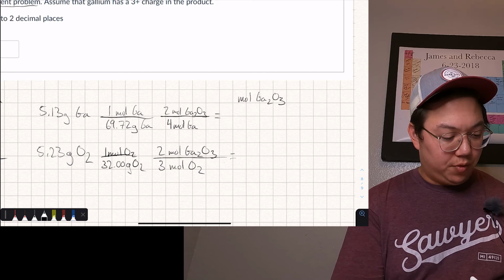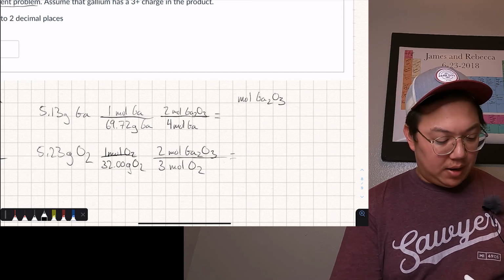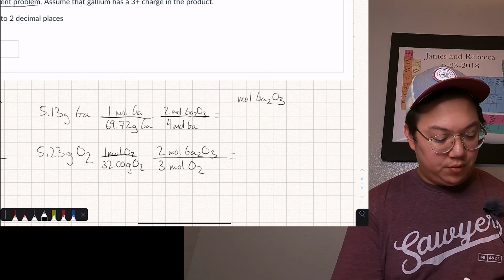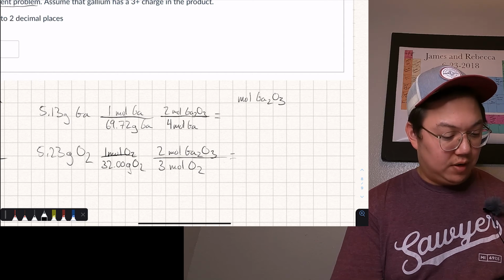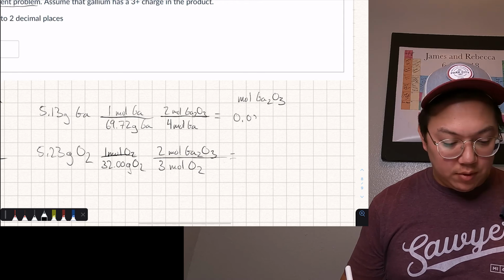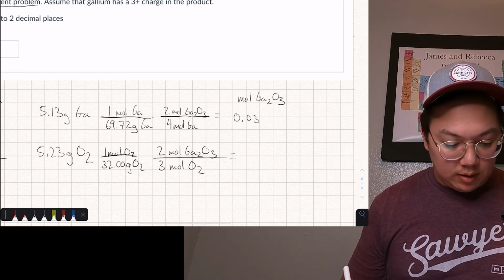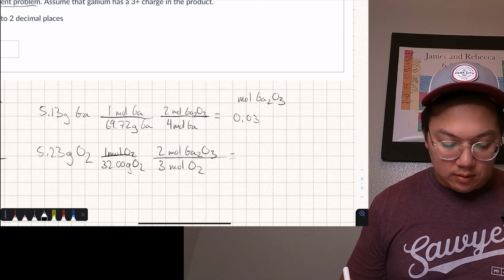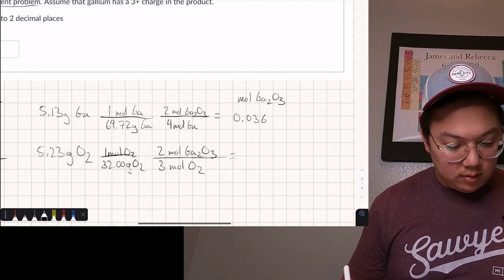So 5.13 divided by 69.72 times 2 divided by 4 is 0.036.